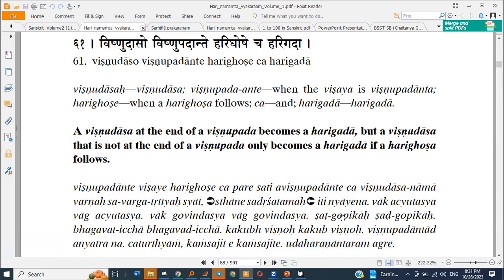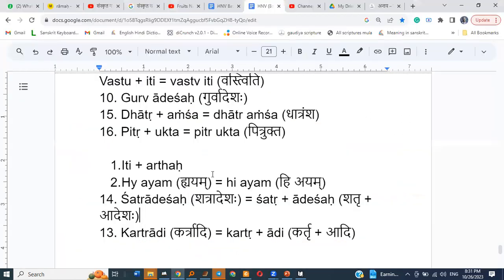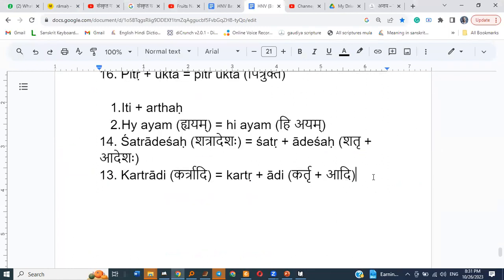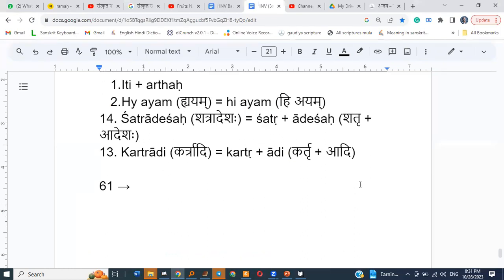So a Vishnu Dasa at the end of a Vishnu Pada becomes a Hari Gada. This Sutra 61 explains that if we have a word at the end of which we have any Vishnu Dasa, then this Vishnu Dasa will turn into the Hari Gada of its own Varga.